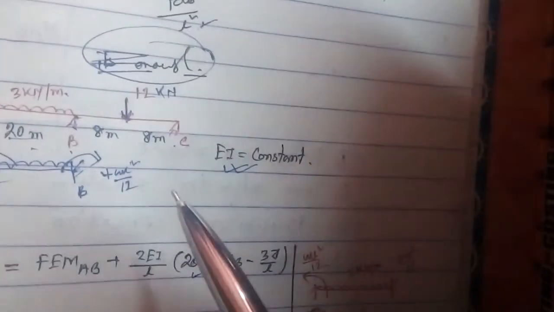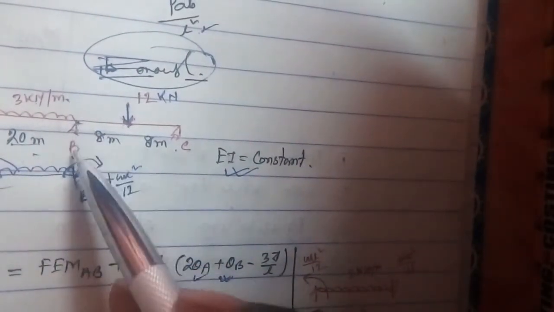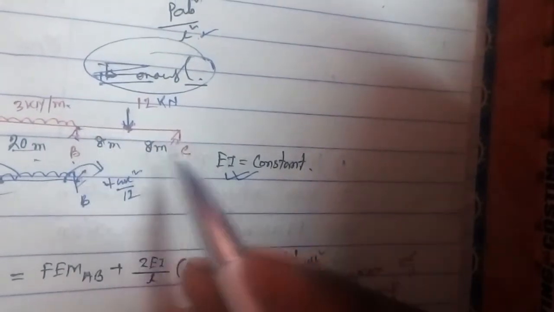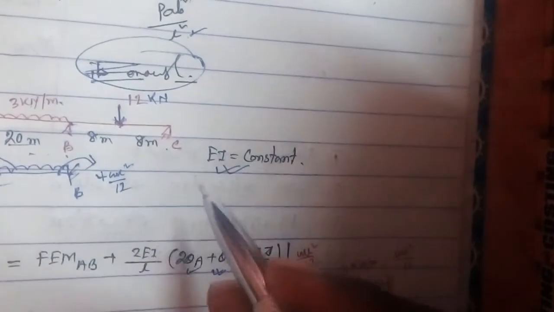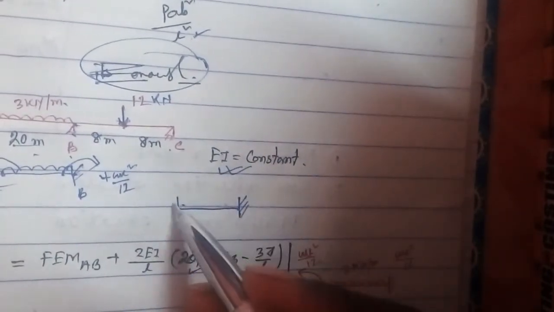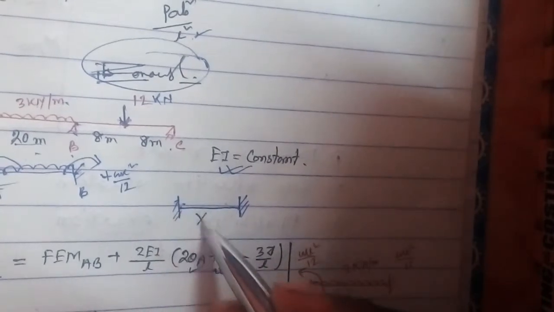Suppose this is the problem, the portion BC, as it is an end span, so we cannot fix the two ends because it is wrong.